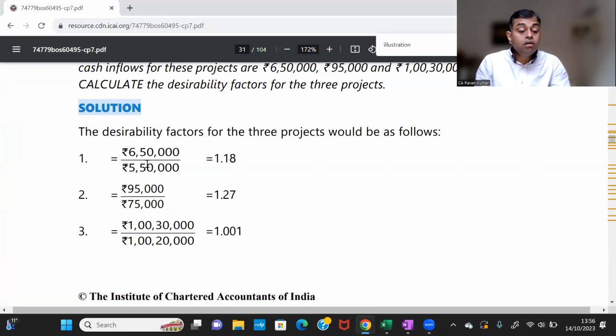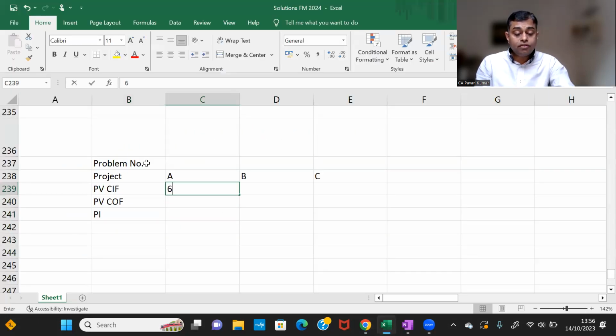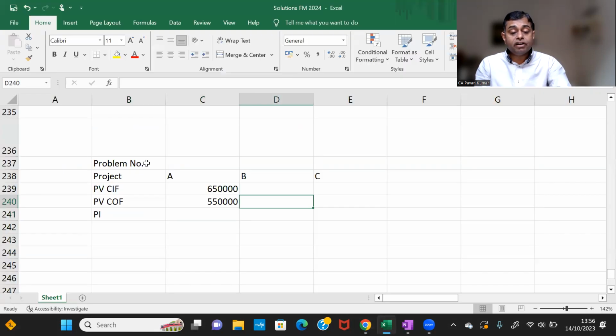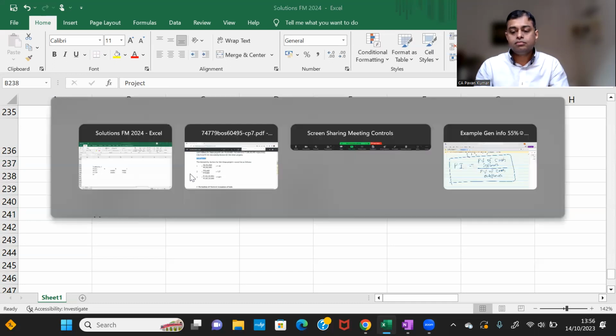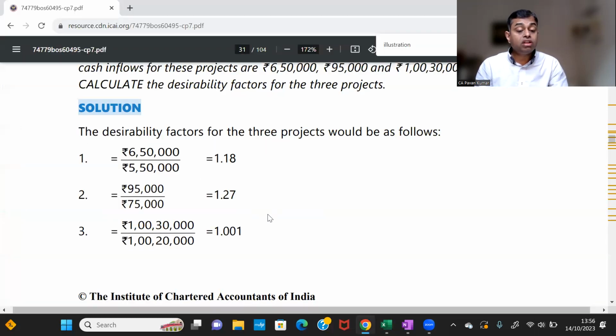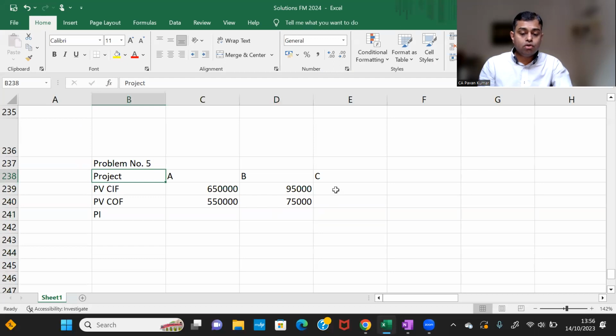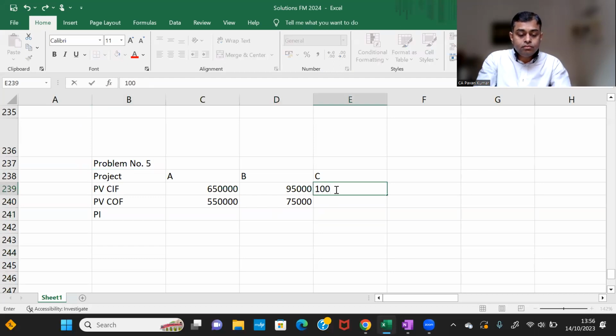So for project A, it is 6,50,000 and 5,50,000. For project B, it is 95,000 and 75,000. Ambika is saying 5. What is 5? Oh, problem number 5. Okay, very good. Then for project C, 1 crore 30,000 and 1 crore 20,000.